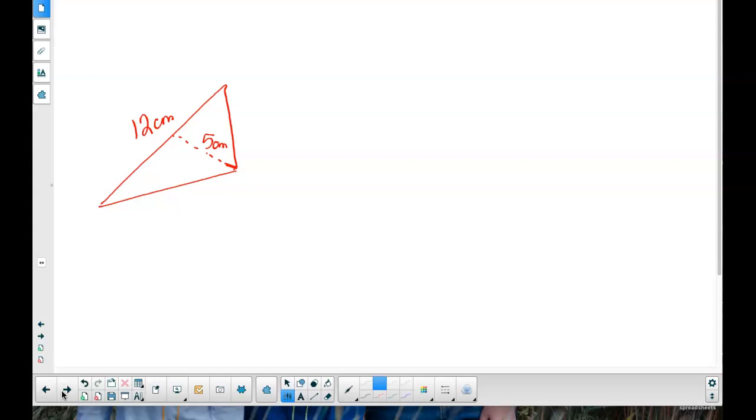Where's the base of that triangle? So sometimes you guys get confused, because the base doesn't necessarily mean the bottom. Because I could have labeled this too and said this is 10. And this is 8. Which one's the base?